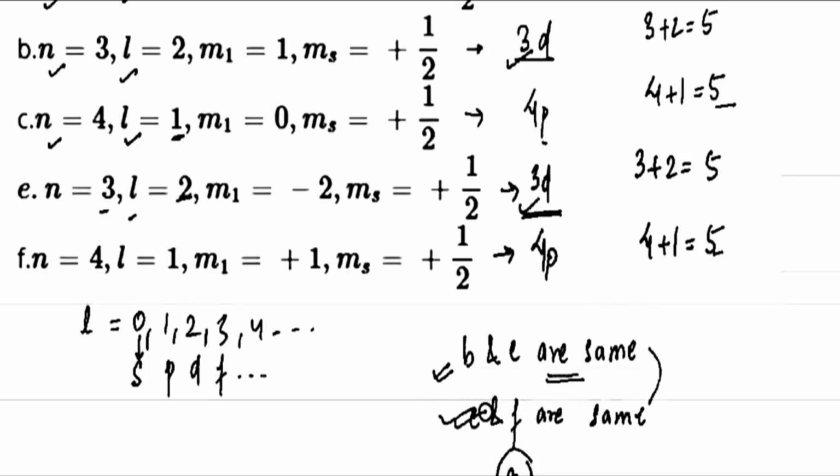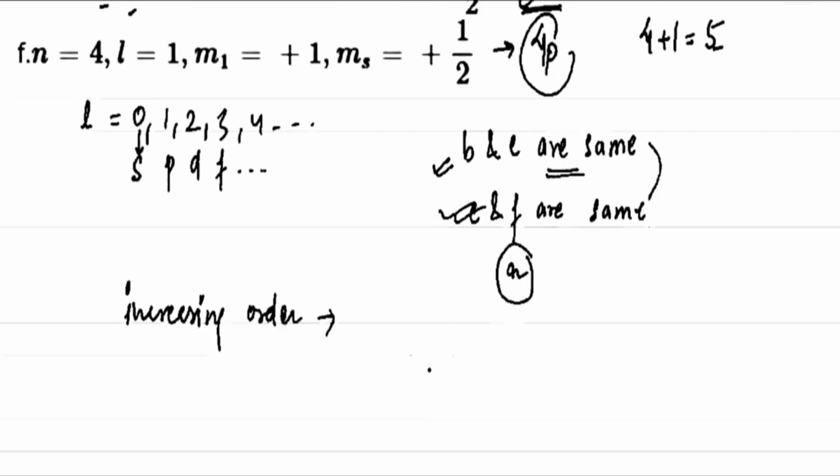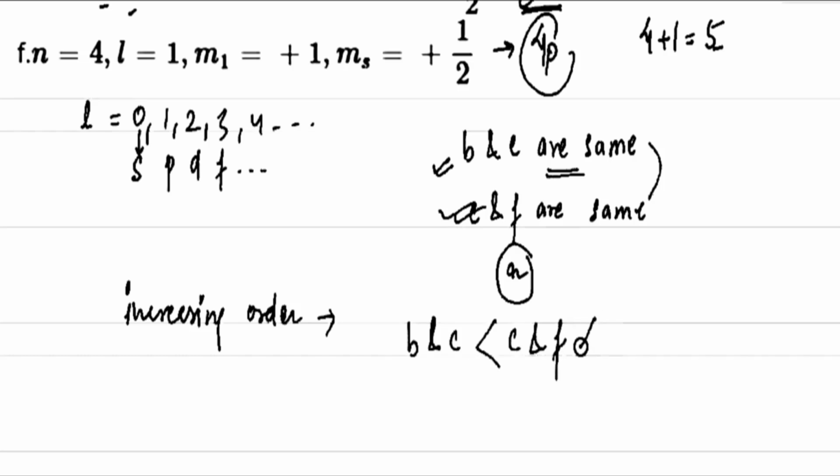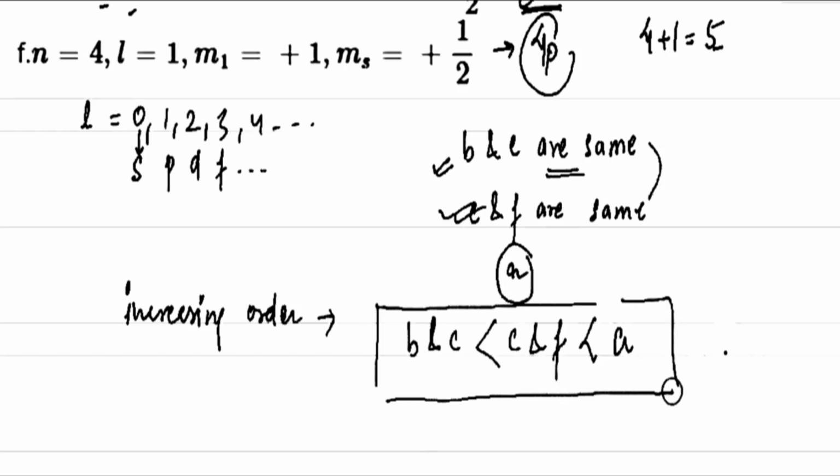C and F lie in 4p orbitals, so they will have more energy. So in increasing order, the lowest will be B and E, then C and F, and the highest is A. So this is the trend that we needed to justify, and we have done that.